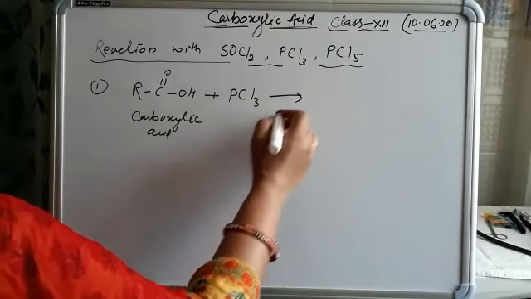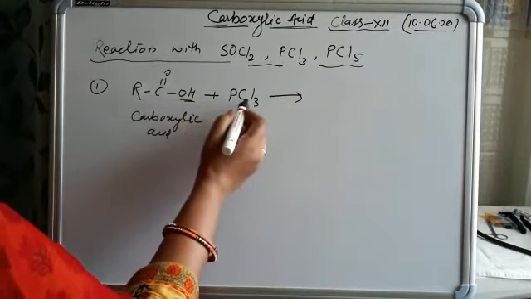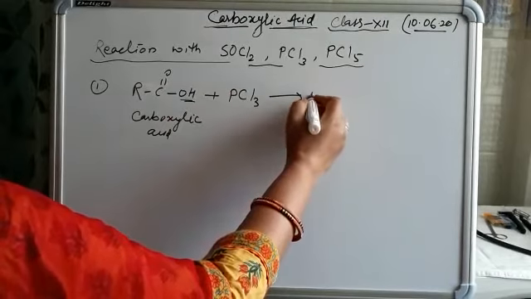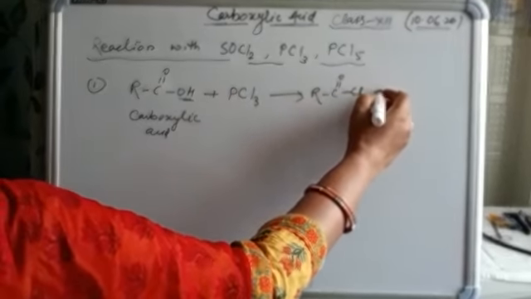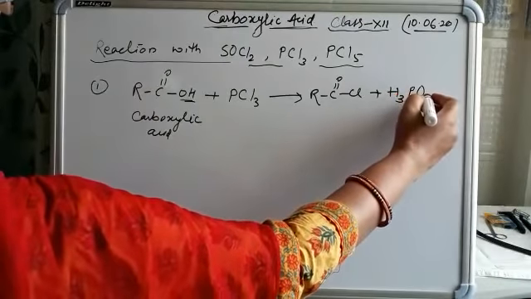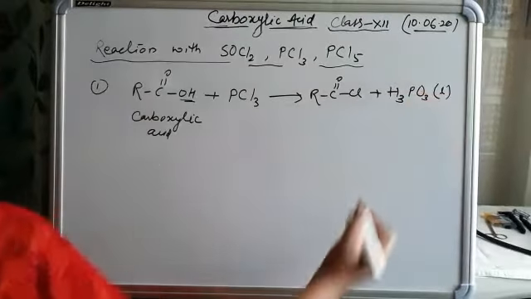and when it reacts, simply OH is removed and Cl substitutes, so formation of acid chloride takes place, and the byproduct will be H3PO3, which is in the liquid state.